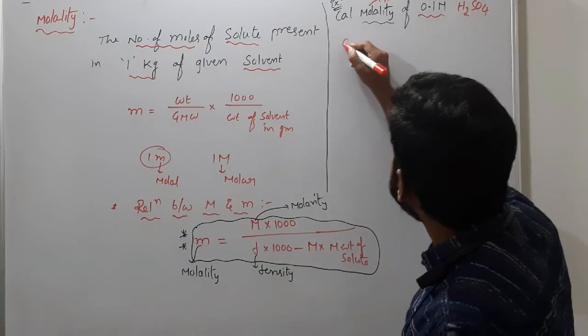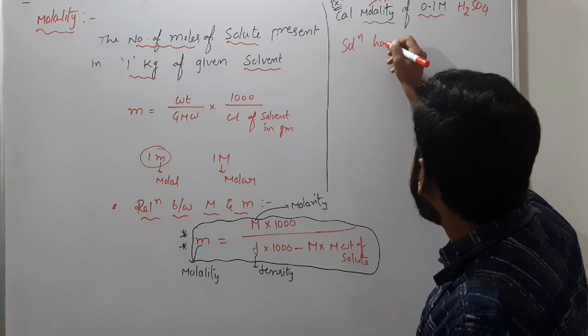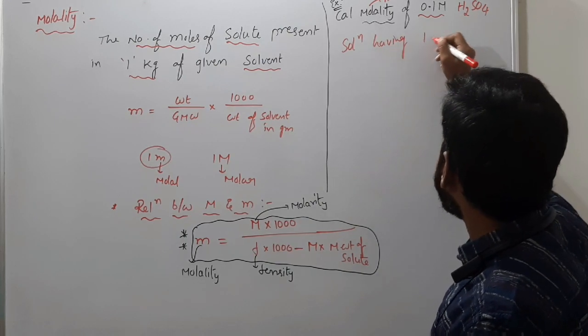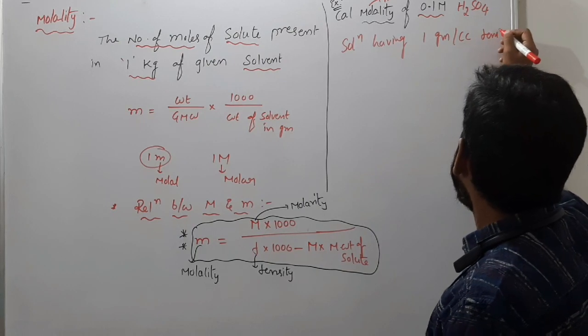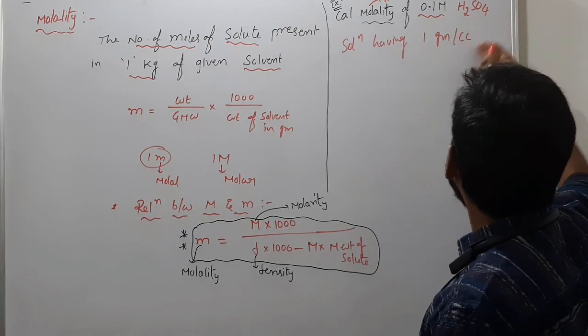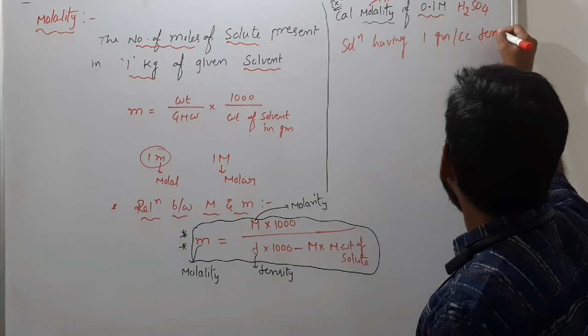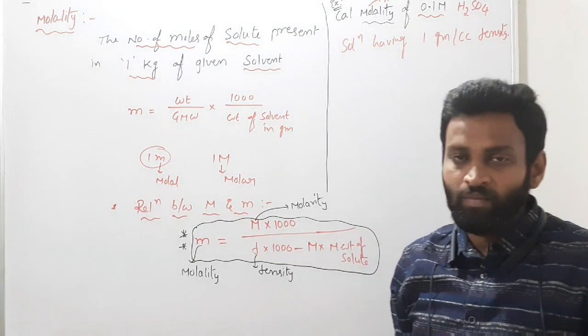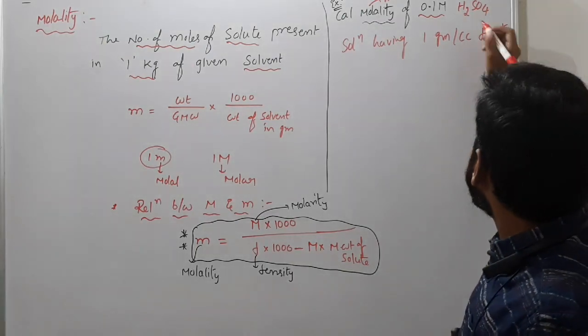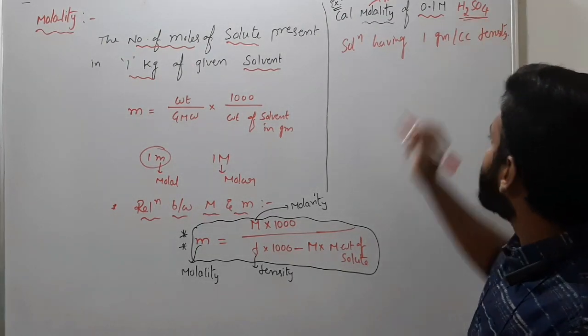H2SO4 solution having density 1 gram per cc. What is given? Density is given. Who is the solute here?